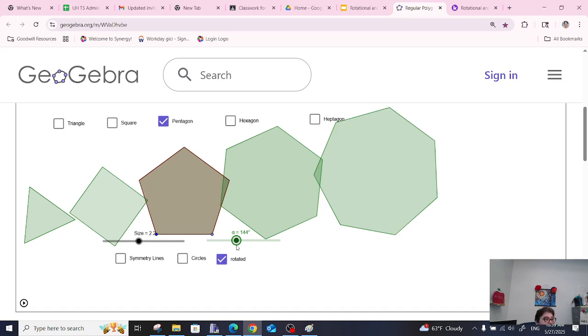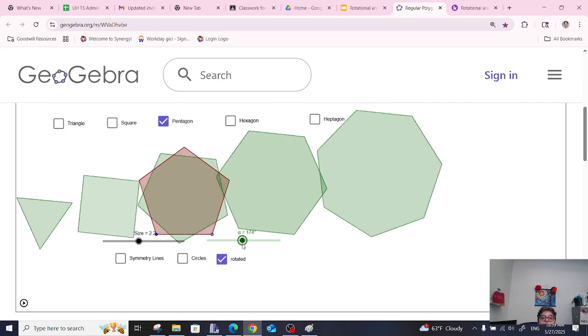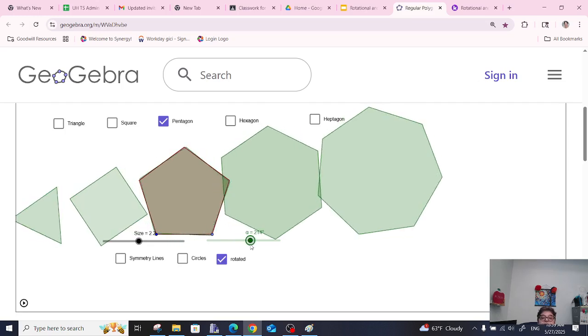Right there. See how it's on itself? What's 144 plus 72? 216? There it is. See how it's on itself at 216? And then 288.